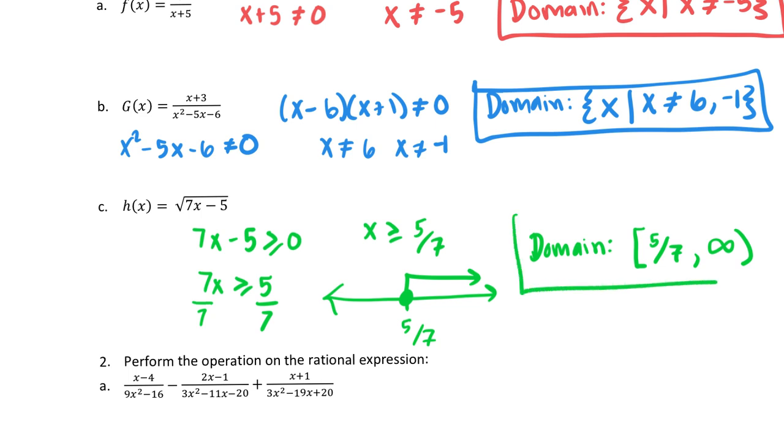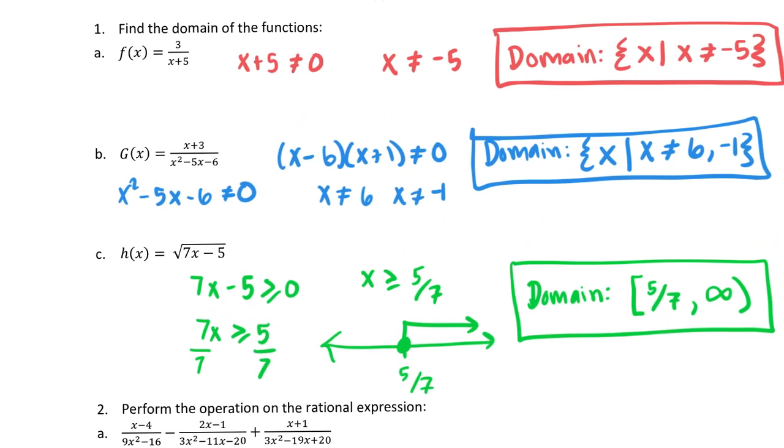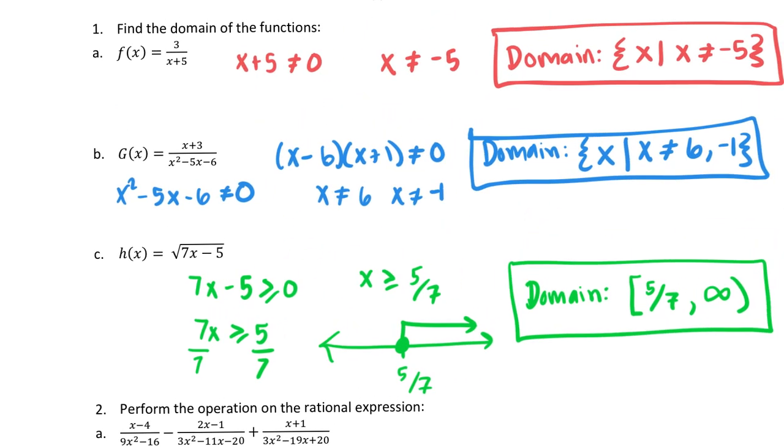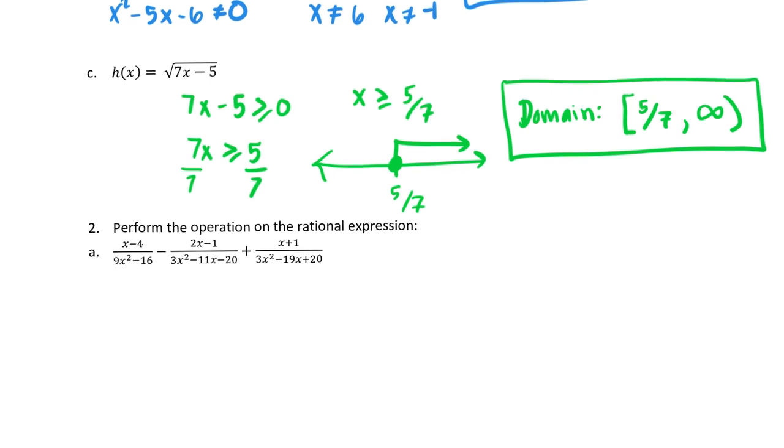That would be our domain. 5/7 inclusive to infinity. So that's what we do with question 1. We just find either restrictions in the denominator, or if it's a radical, we set the inside of the entire radical greater than or equal to 0.